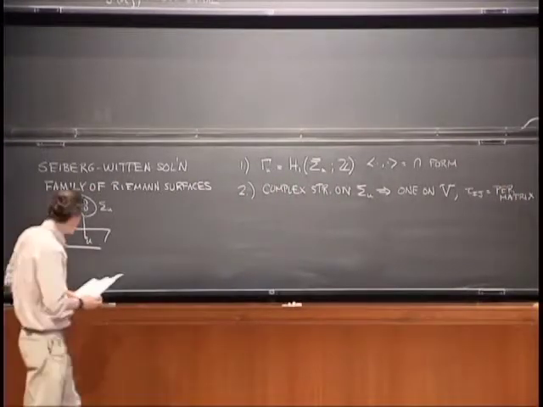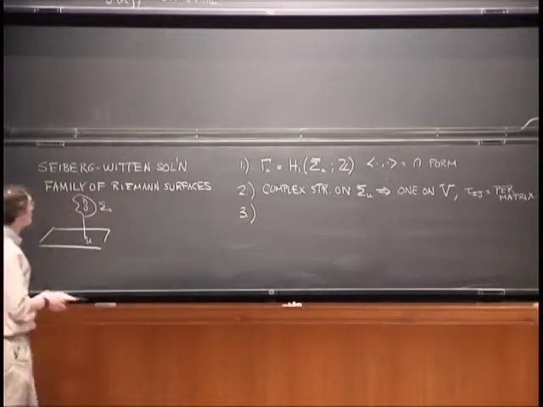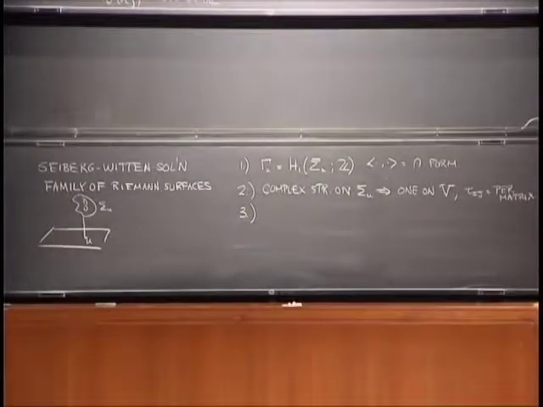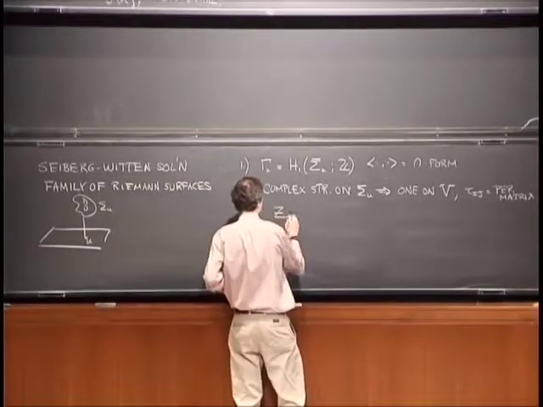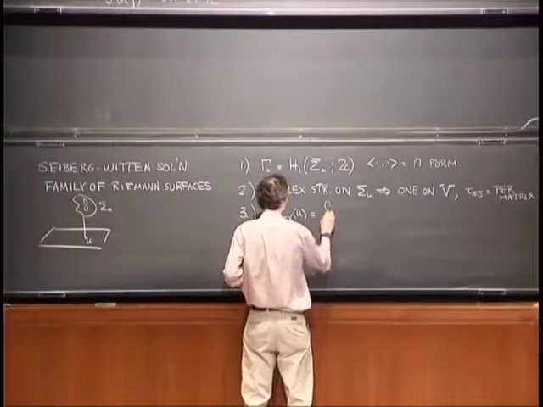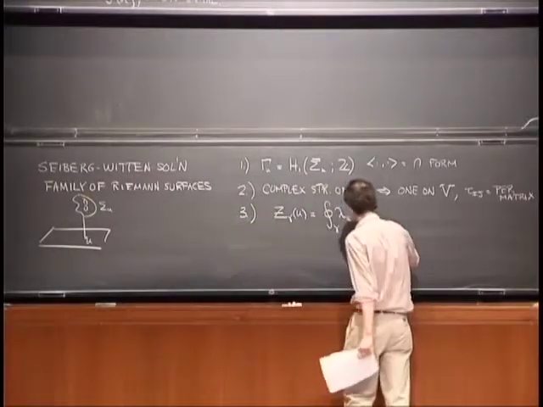And then finally, we have to say what Z is. Z sub gamma of u is equal to the integral around gamma of a meromorphic one form.